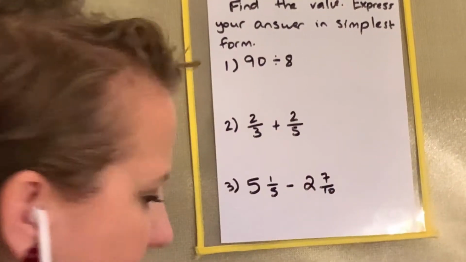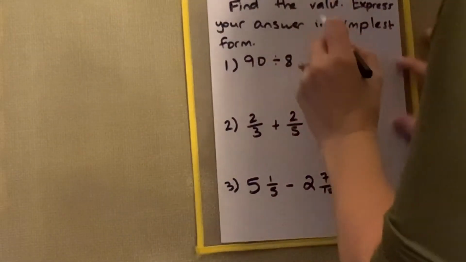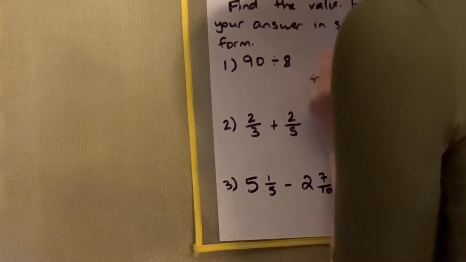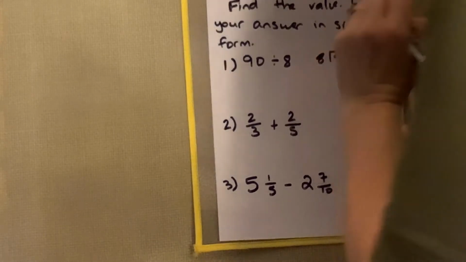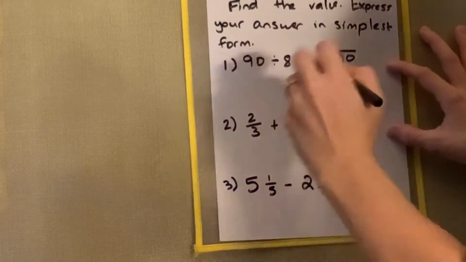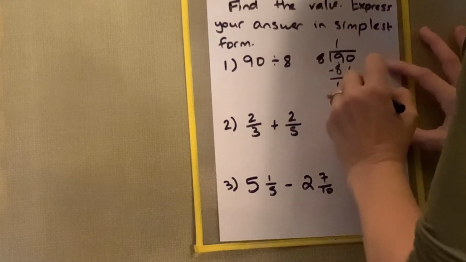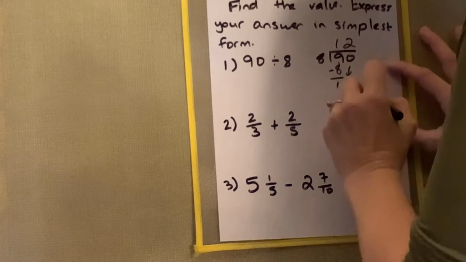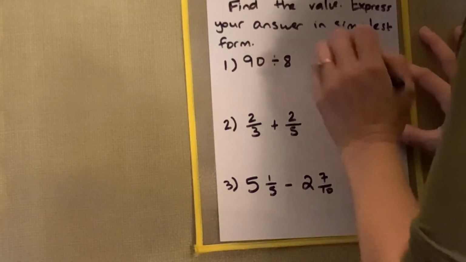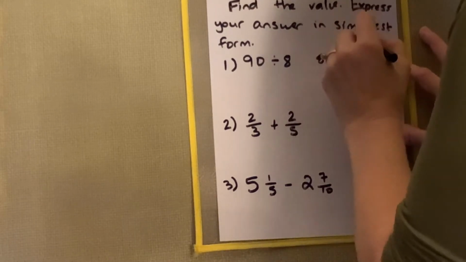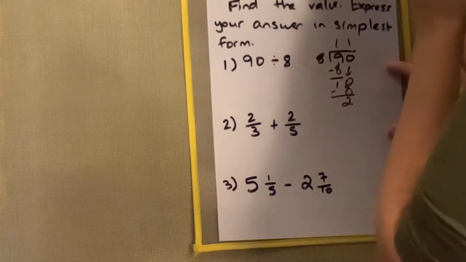All right, so fifth graders, for your division, we're doing 90 divided by 8. So 8 goes into 9 one time with a remainder of 1. 8 goes into 10 one time with a remainder of 2. That's where the 2 is.